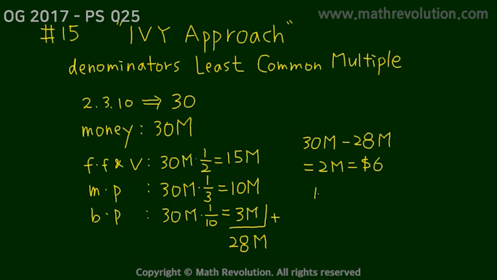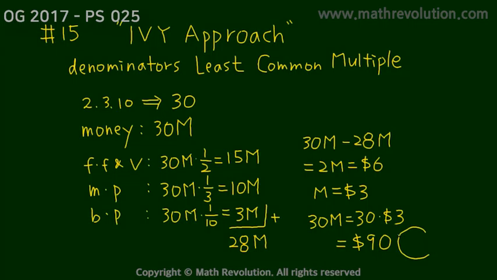So we can calculate how much M is. M equals $3. And 30M should equal $90. 30 times 3 equals 90. So the right answer is choice C. Now remember this Ivy approach because it reduces the chances of you making a mistake.